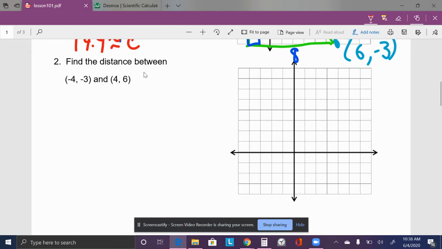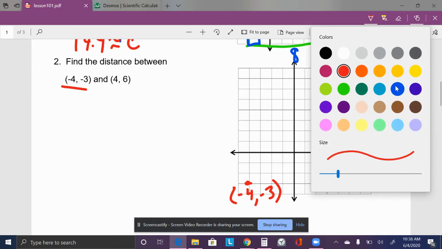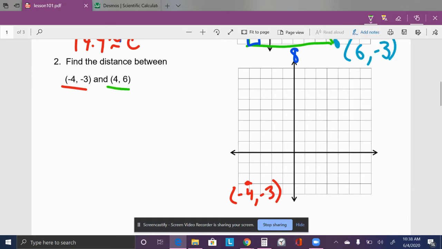(-4, -3). All right, so that means from the middle, I go left 4, down 3. (4, 6). That means from the middle, you go right 4, up 6.